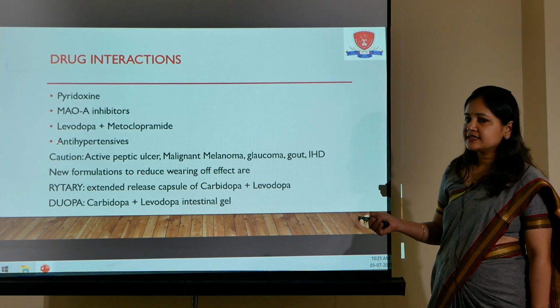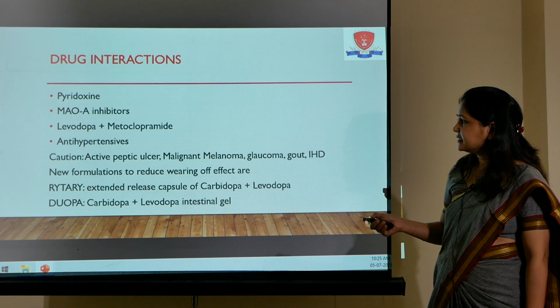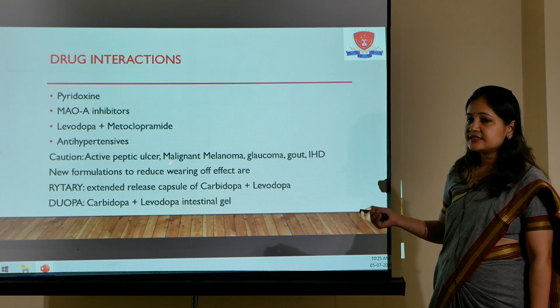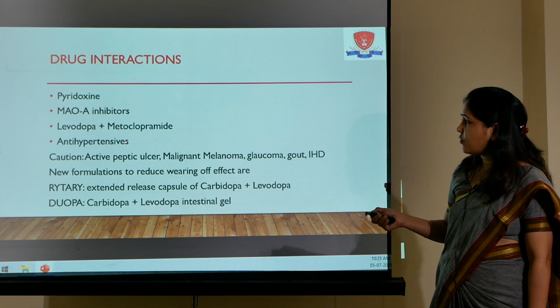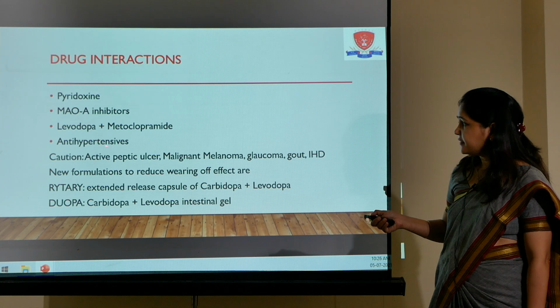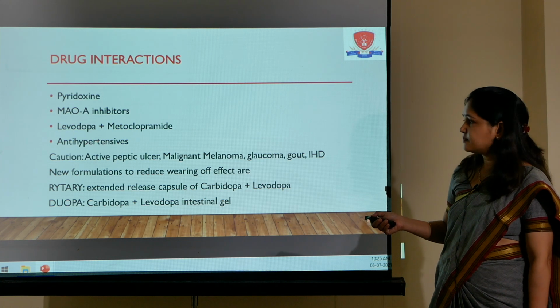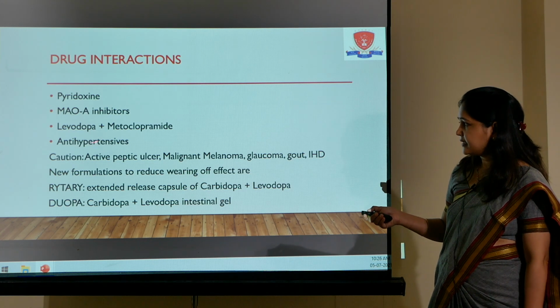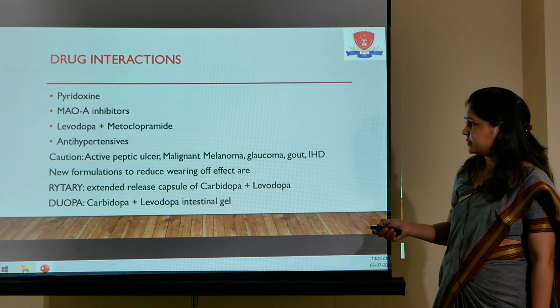Now when you give an antihypertensive, you have to be careful that antihypertensives can increase the chances of postural hypotension, or the antihypertensive effect may be decreased because of increase in sympathetic activity by levodopa.